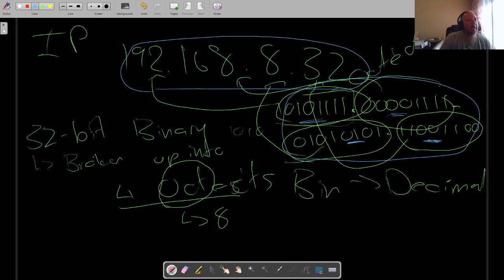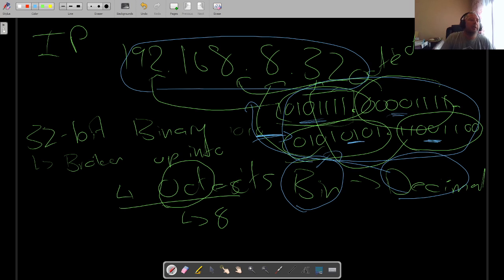So it's easier for us to convert the binary IP address into decimal so that we as humans can better remember it, understand it, and use it. But the computer uses binary. It uses the ones and zeros.